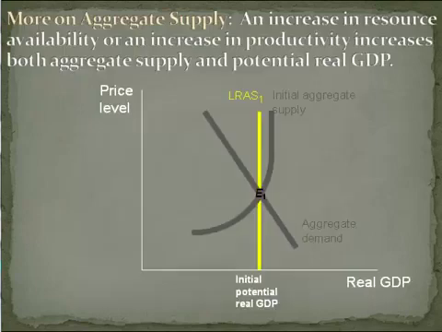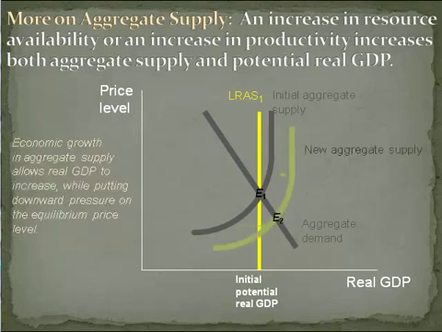Just as the production possibilities frontier can expand or grow, GDP can also grow, which would be represented by a rightward shift of the long-run aggregate supply curve. An increase in resource availability or an increase in productivity increases both aggregate supply and potential real GDP. This is what it looks like.